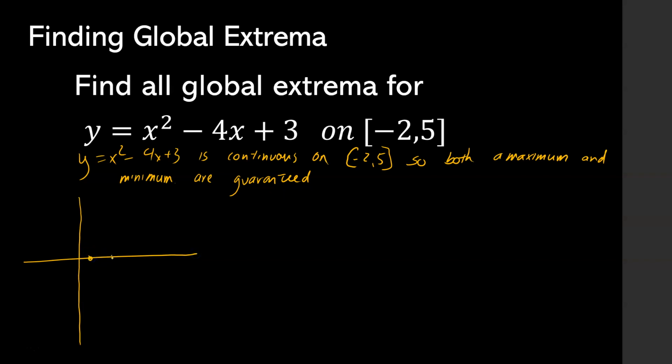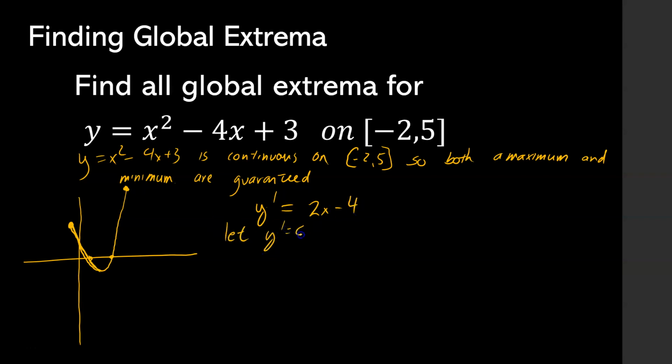We already know those x-intercepts, and we're going from 5 to -2. Ooh, bad graph. And so hopefully we'll be able to find the maximum and the minimum. So first we're going to find the derivative of y, 2x minus 4.